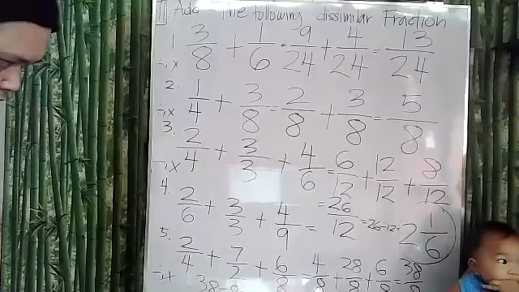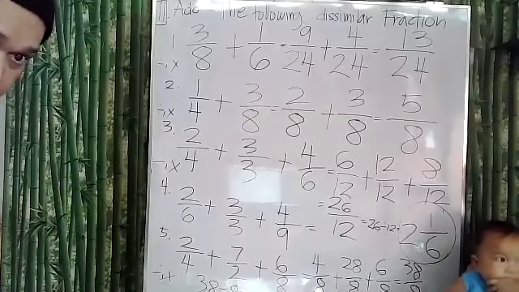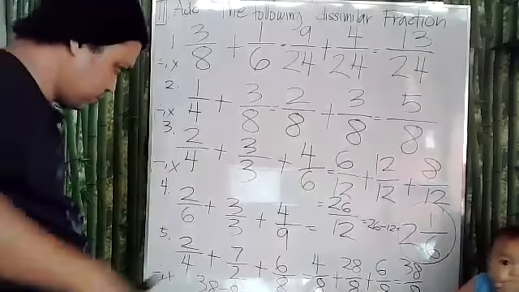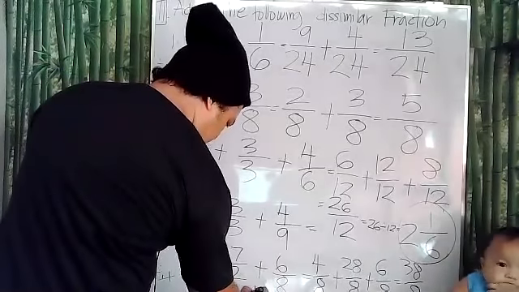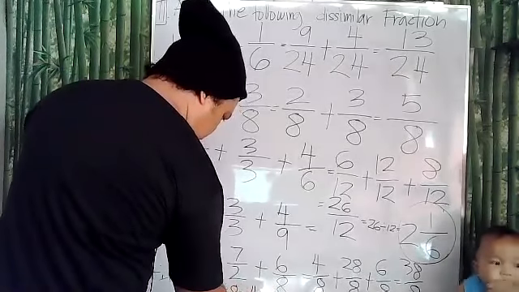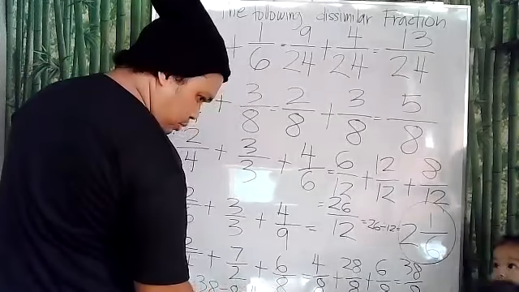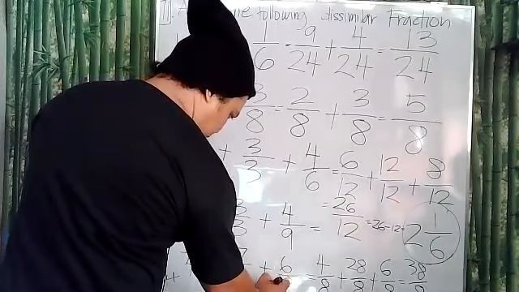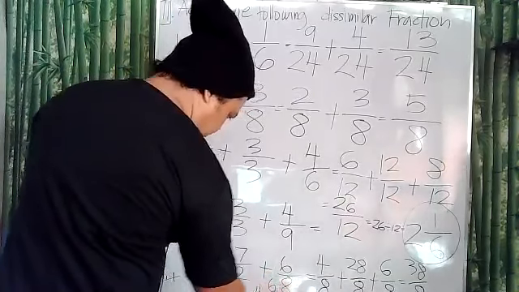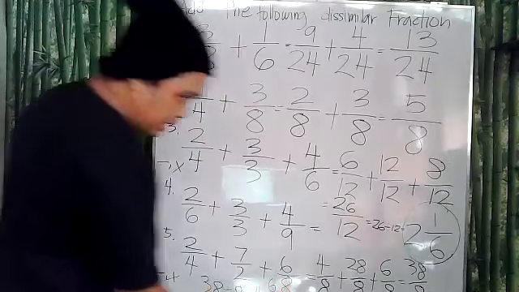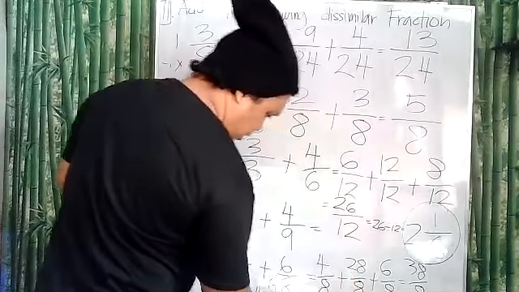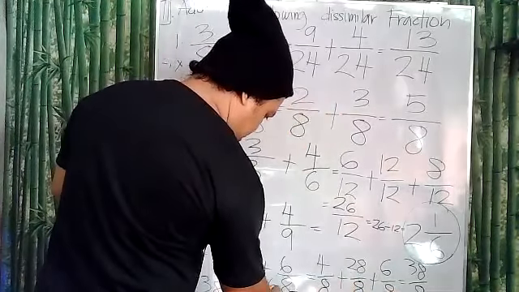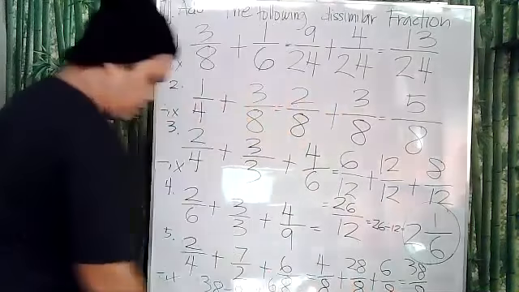Because 8 times 4 is 32. So we have 4. And how many left from 32? That's 6, because 32 plus 6 is 38. So we have a remainder here of 6. That will become our numerator, and we have the denominator which is 8. We have 4 and 6 over 8.